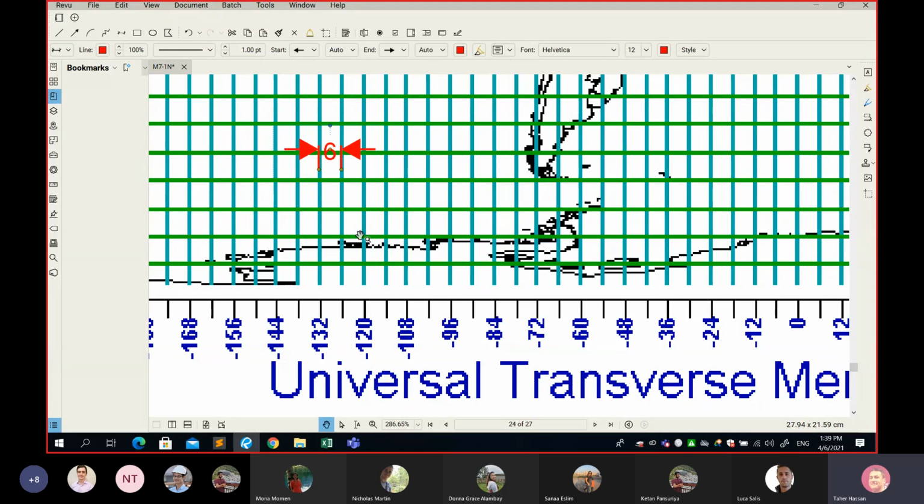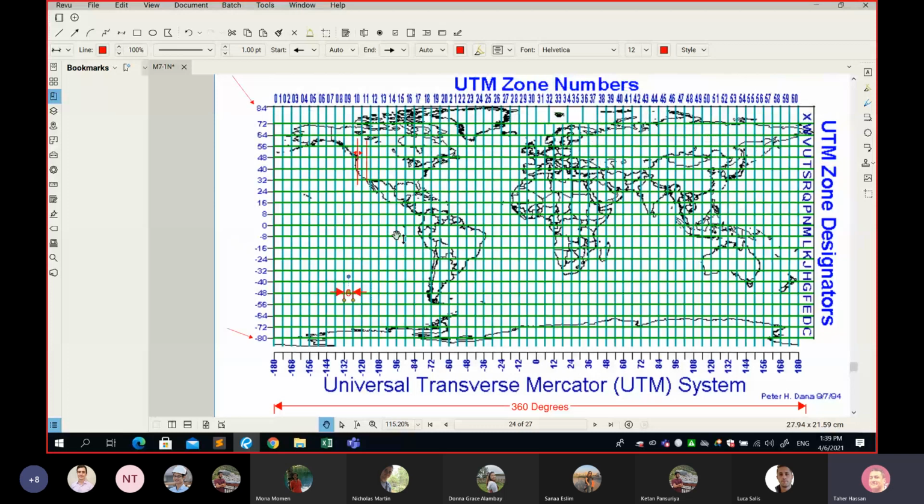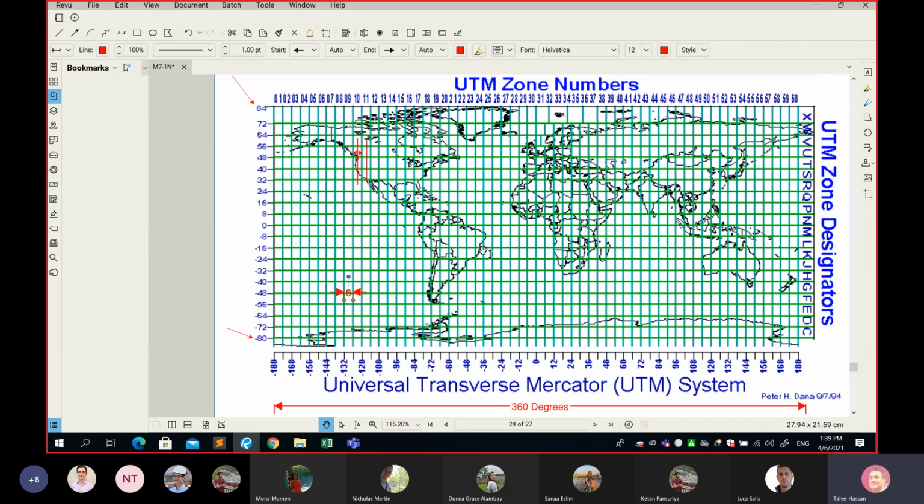Now I'm asking you, if the zone is 6 degrees, so 3 degrees west of the central meridian and 3 degrees east of the central meridian, how many zones in total? You can do the math: 360 degrees divided by 6. So this will give you a total of 60 zones.